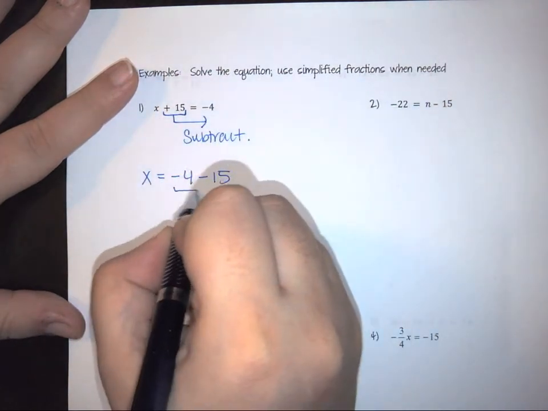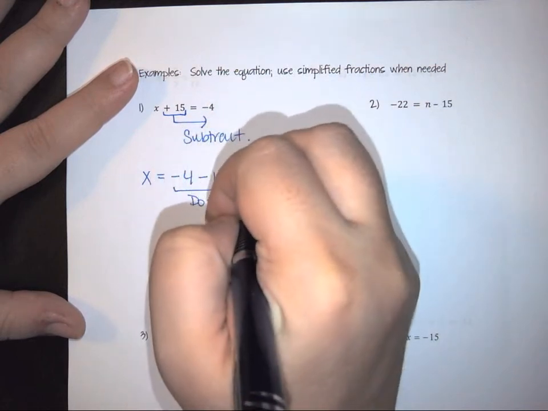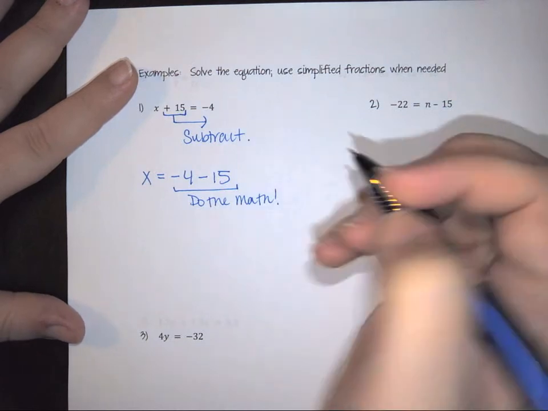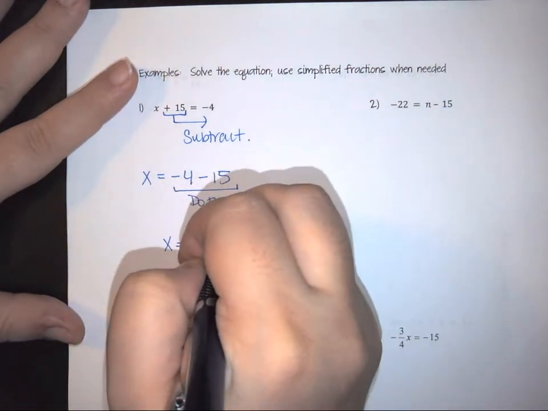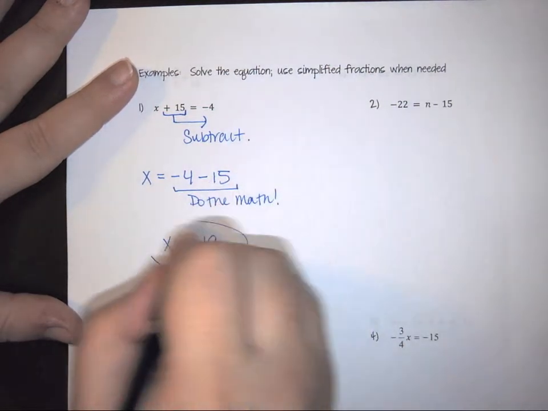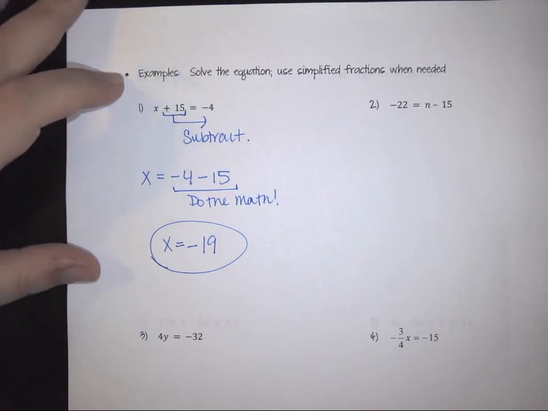On this side, I actually have to do the math, meaning I need to subtract. So we find our answer to be negative 19. Since x is completely by itself, there's nothing else for me to do, and thus this problem is finished.